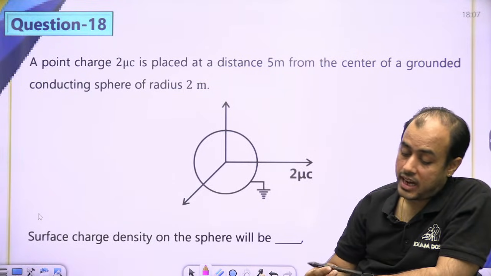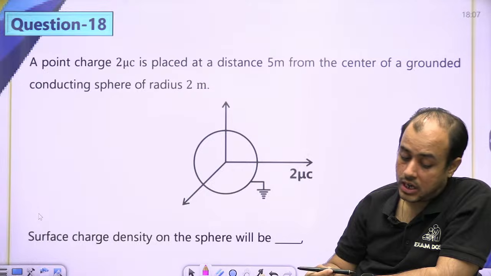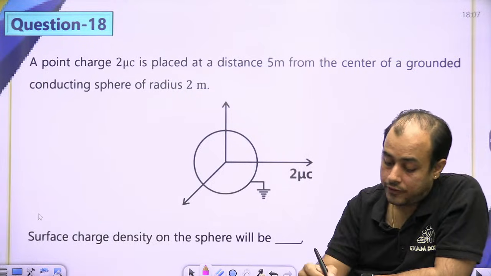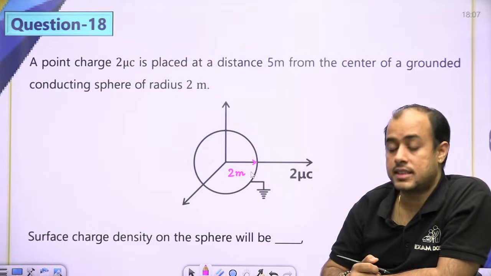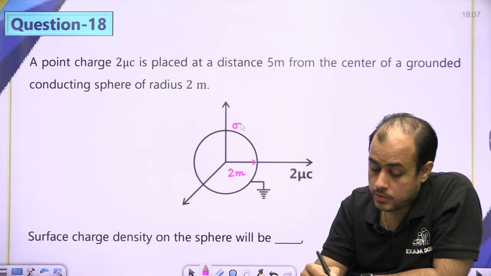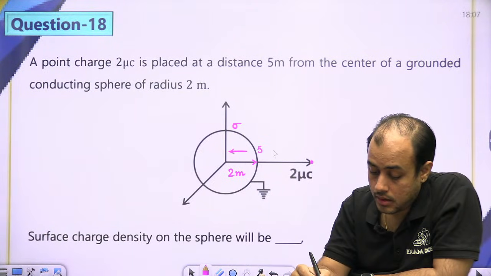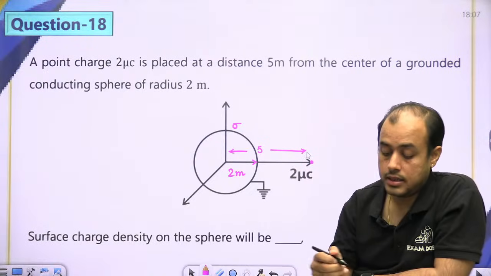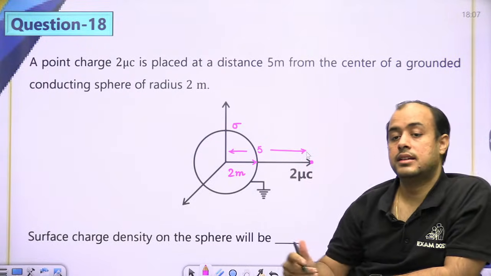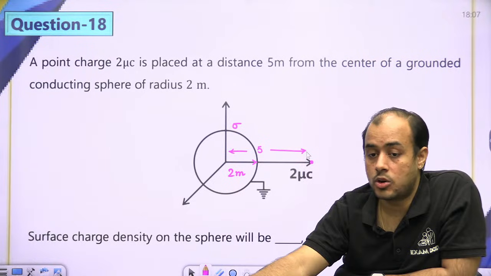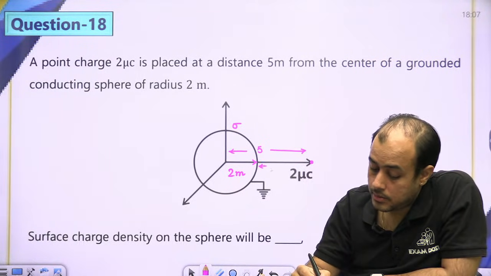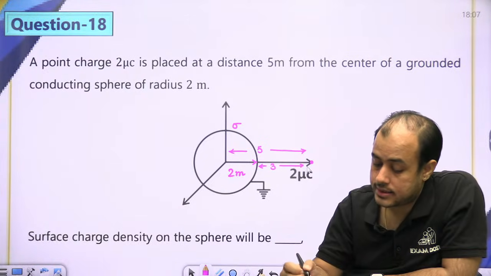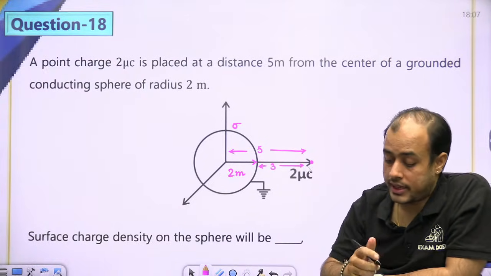A point charge is placed at 5 meter from the center of a grounded conducting sphere of radius 2 meter. What is the surface charge density? Assume surface charge density is sigma. Now, what is the potential? So, because it is grounded, the total potential will be 0. So, see, the distance of the nearest point from the point charge is 3.